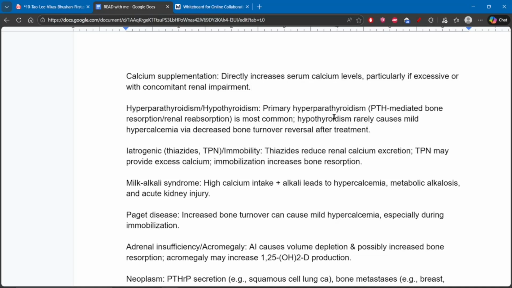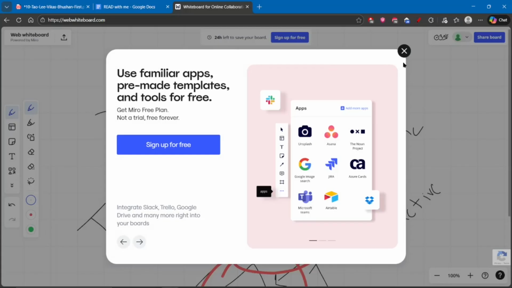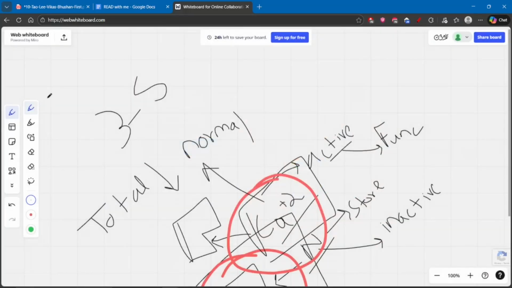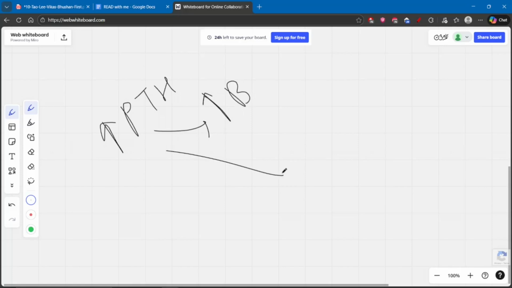Hyperthyroidism or hypothyroidism. So, primary hyperparathyroidism, what it does is basically increase in PTH would lead to bone resorption and renal reabsorption. So, what we're saying is basically increased PTH would lead to increased bone resorption and increased kidney reabsorption.